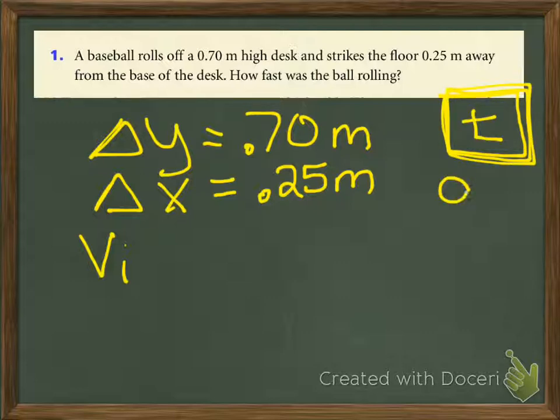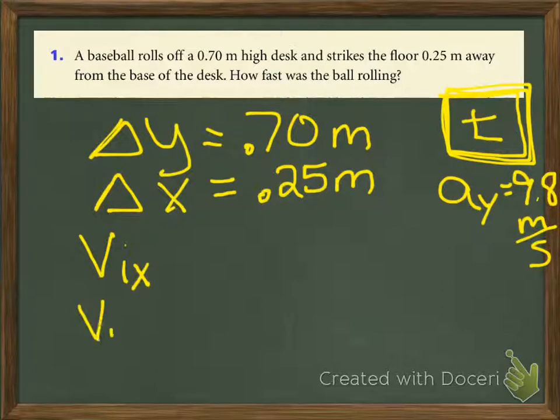Also, we know that the acceleration in the y direction is 9.81 meters per second squared. We also know that the Vi we're looking for is only Vix because Vi in the y direction is going to be equal to 0 in this case.